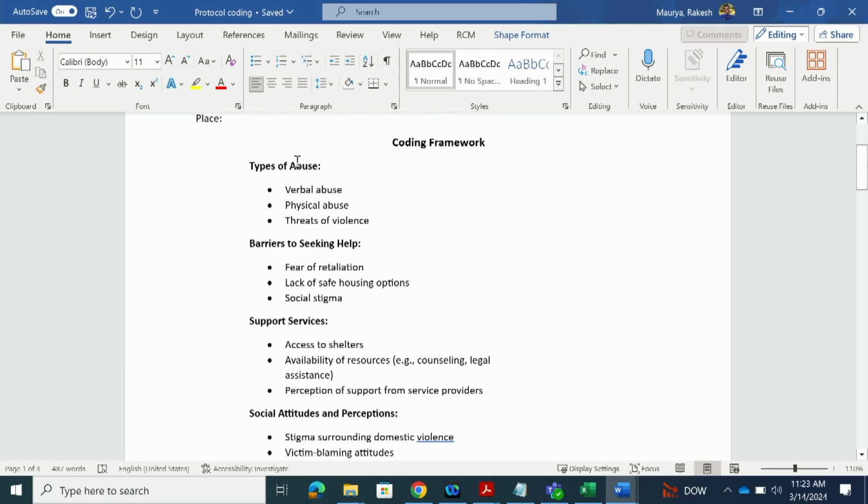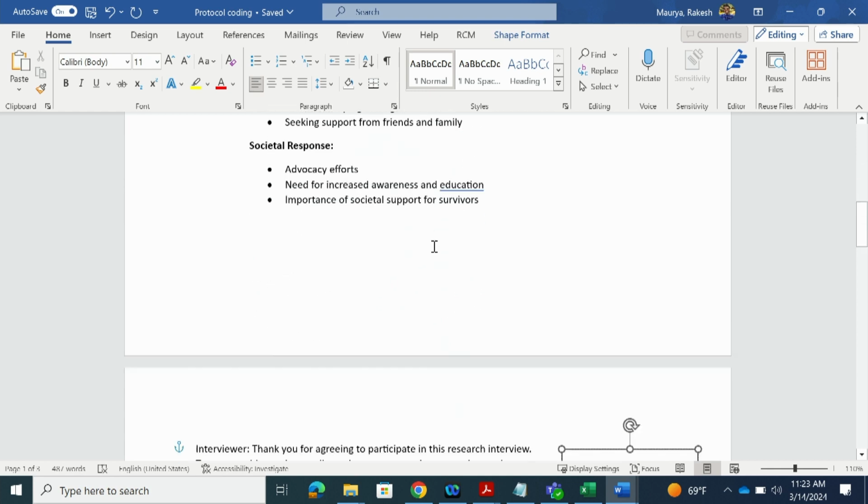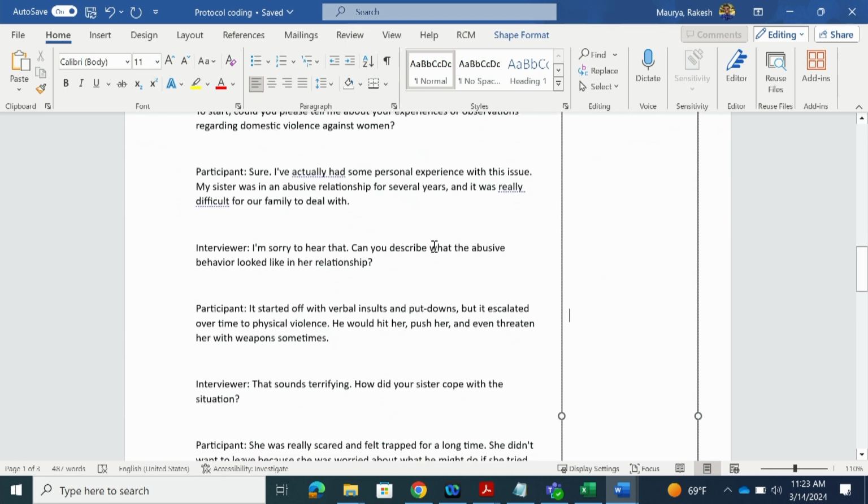Type of abuse, and this person is saying that it started with verbal, and then escalated to physical and threats of violence. So all three codes which describe the type of abuse apply there. So let's put these codes here under this excerpt.